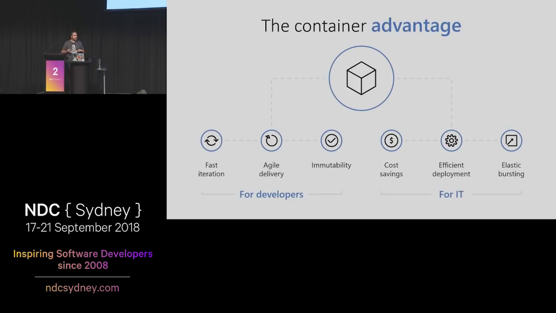So overall, containers give you a lot of benefits. If you're a developer, want to change your application, then you can iterate fast on that. You can change the code, spin it up, test it, change it again. If you are adding features to your application, you want to get them out to your customers, then through CI/CD pipelines, builds, all the rest of that.